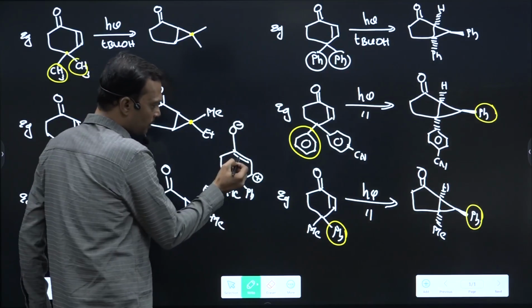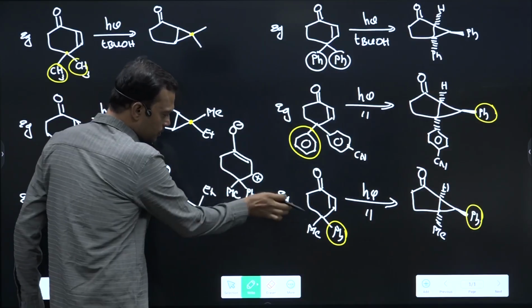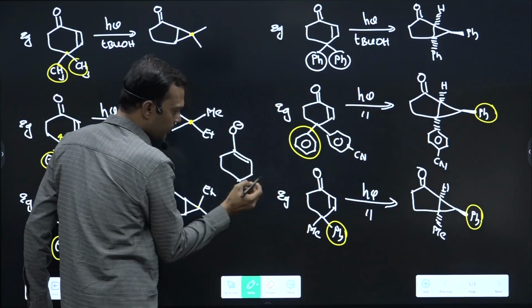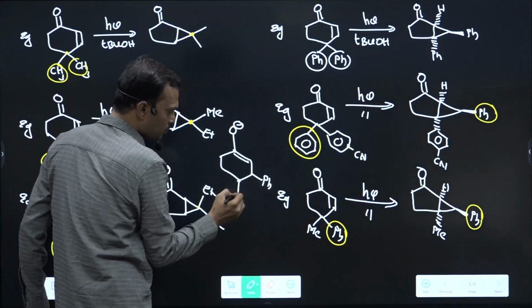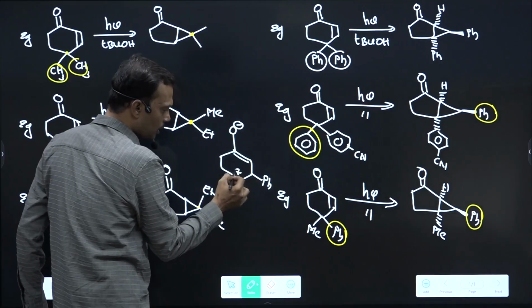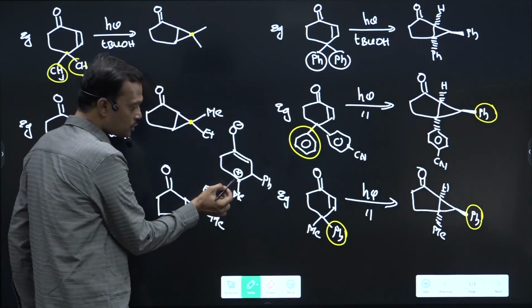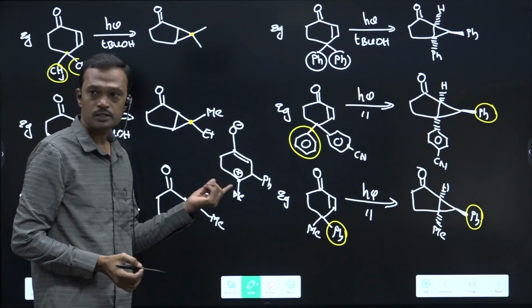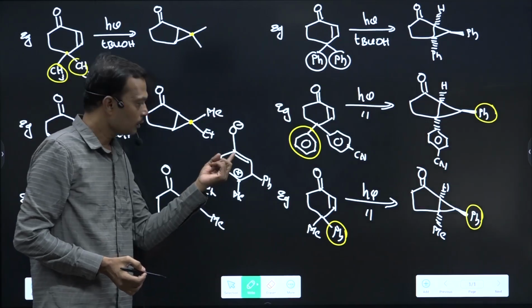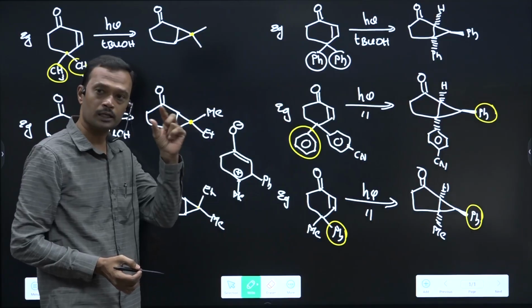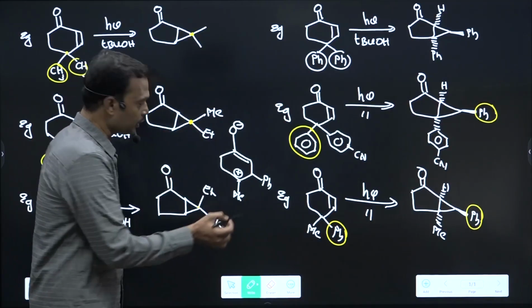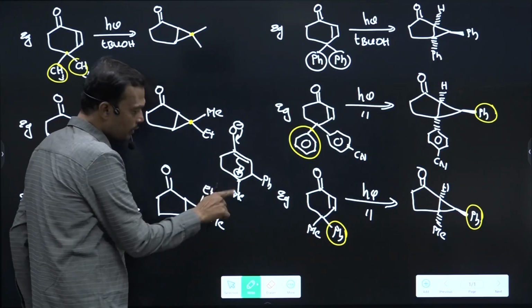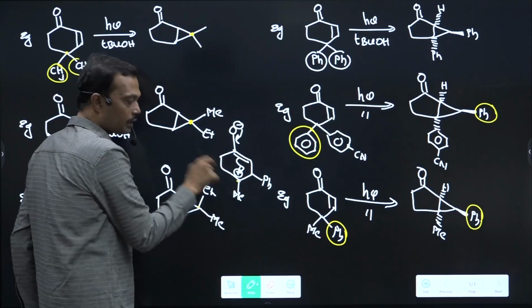Now whenever it comes back, suppose I migrate phenyl, then will you get an unstable cation or a stable cation? Unstable cation. An unstable cation has more attraction capacity. If it is a stable cation and the pi electrons are also stable, then relaxation time is required. But right now the cation is unstable, it can attract this very fast. That's why if the deficiency is very high, it can attract very fast.